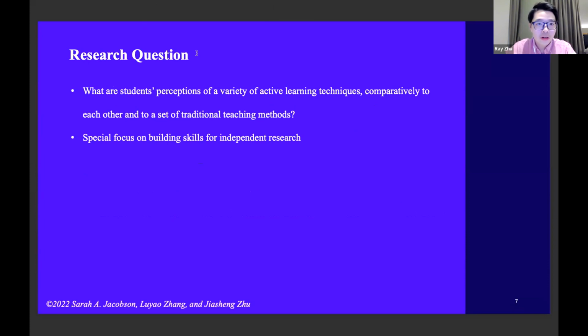It's also interesting that our research has a special focus on building skills for independent research, as this kind of independent research project is not only an important component in Duke Kunshan University's economics classes, but also the graduation requirement for the undergrad program where we did research.